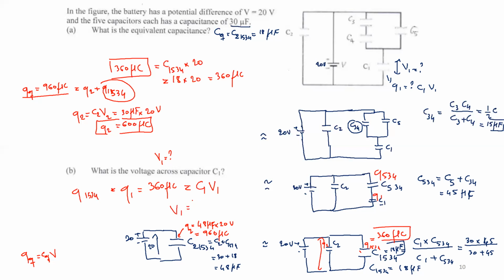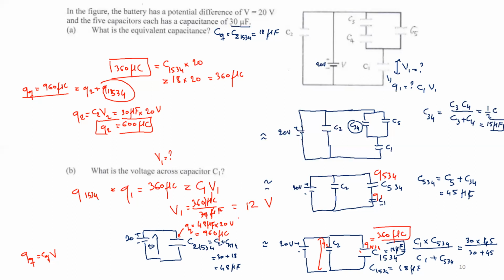So that means V1 is 360 microcoulomb divided by C1, which is 30 microfarad. Micro goes away. Coulombs divided by farad is volt. This divided by this gives you what? 12 volt. Okay. So V1 is just 12 volt.